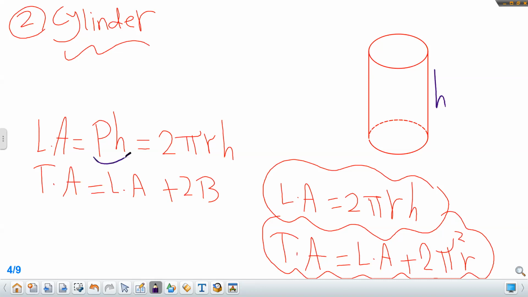It will be 2 pi r h. Total area equals lateral area plus 2 times base area. So finally we can say lateral area equals 2 pi r h, and total area equals lateral area plus 2 pi r squared.